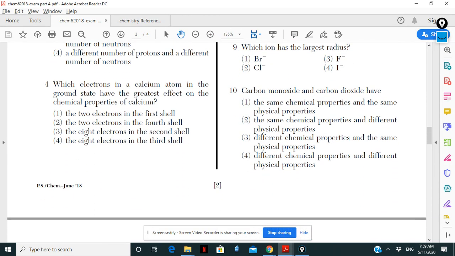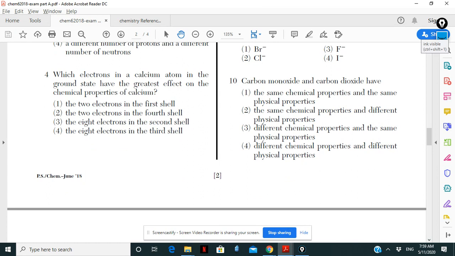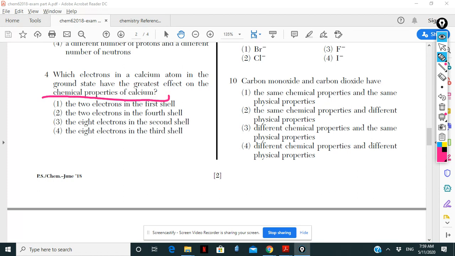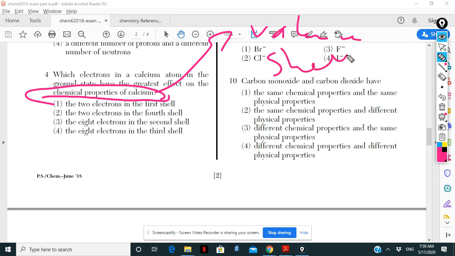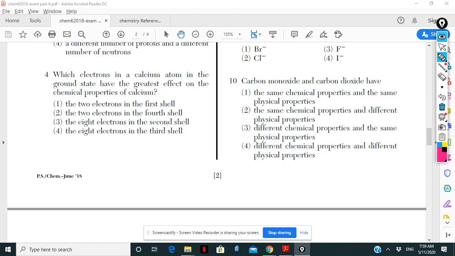Question number 4. Which electrons in the calcium atom in the ground state have the greatest effect on the chemical properties? Chemical properties are always determined by the valence shell. The valence shell is the last orbital or the last shell. So now I need to know the calcium configuration.